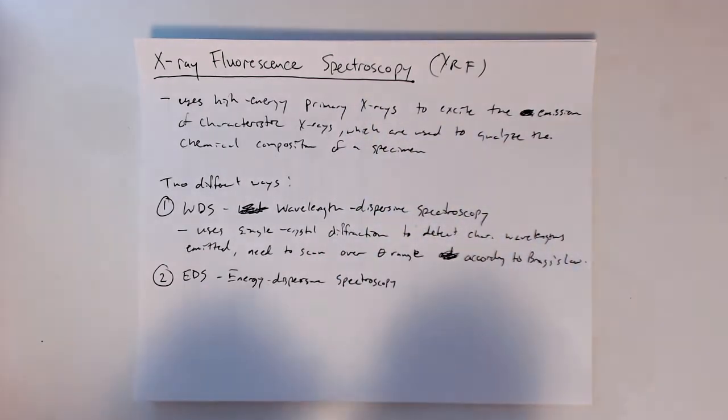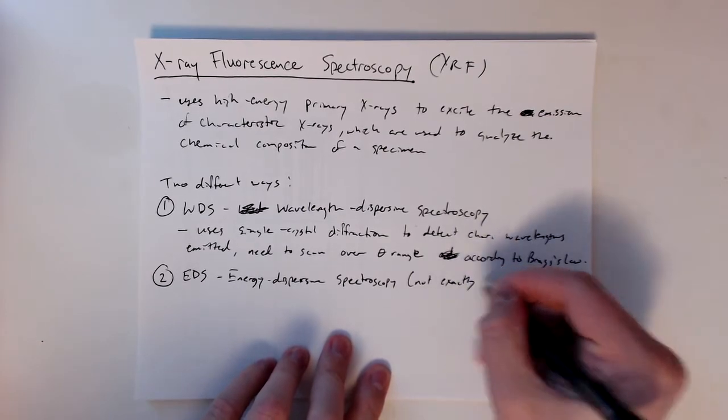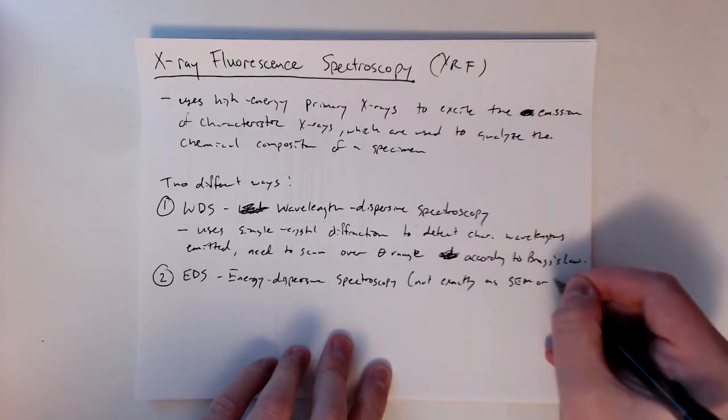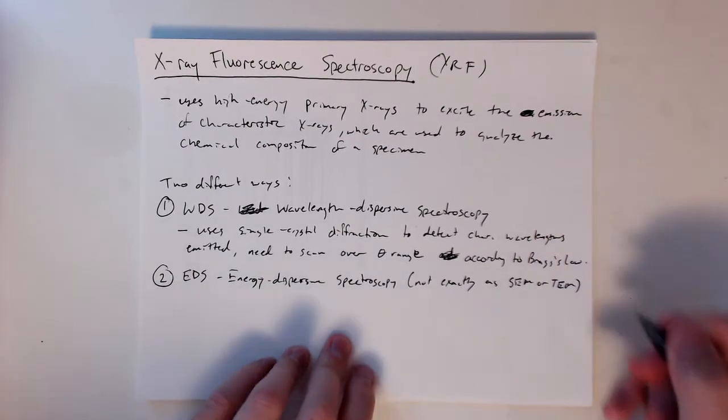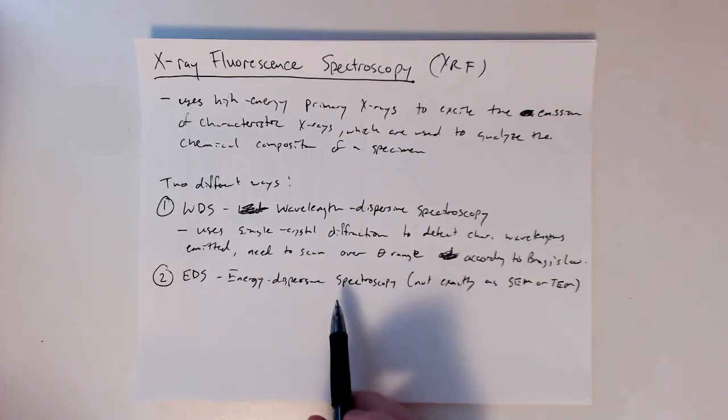So this isn't exactly the same as what's in an SEM or a TEM, both those electron microscopes, because those require an electron beam. And so that's the primary difference. Everything else about the spectroscopy is the same, though.